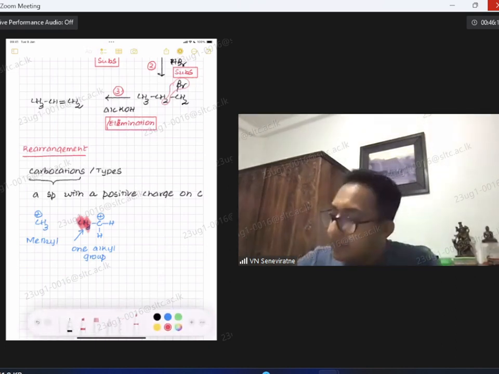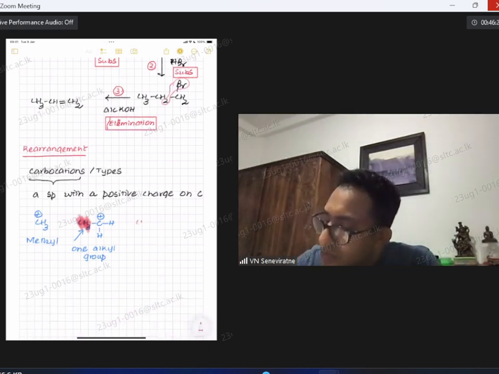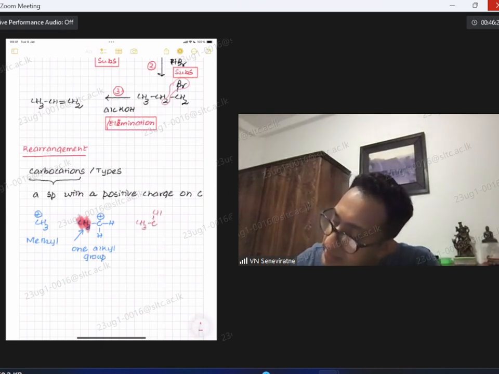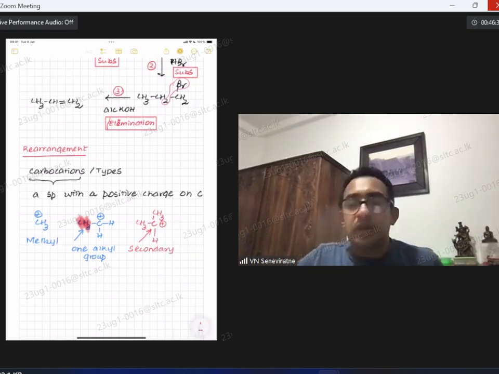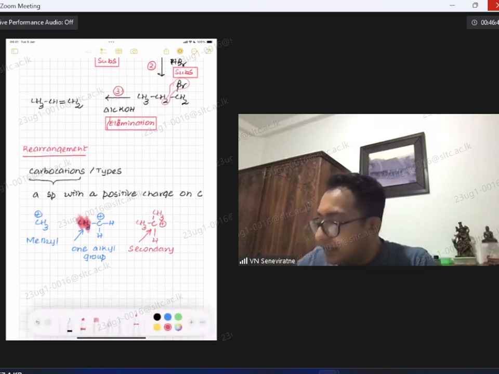Now, if there are two alkyl groups attached to the positive charge containing carbon, we call it a secondary carbocation. This is hydrogen. In this secondary carbocation, you have two alkyl groups.